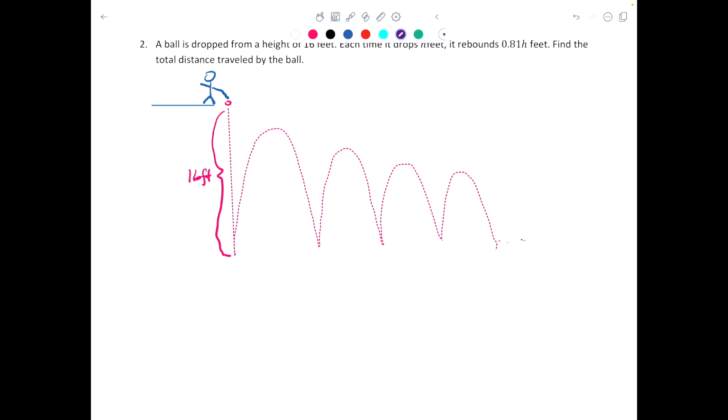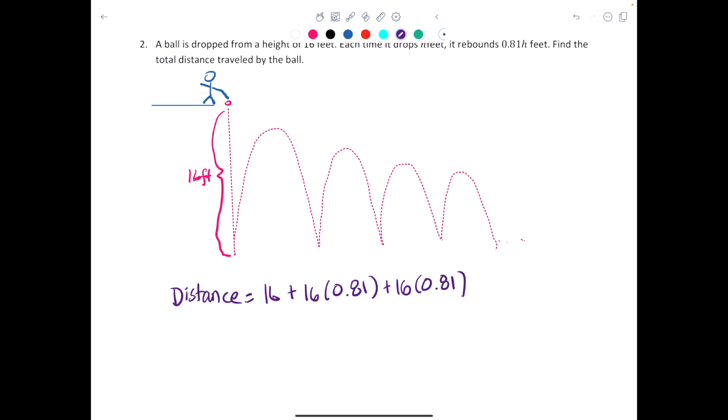So our distance will be equal to 16 as it drops down the first time. And then it travels up 16 times 0.81. And then it goes down 16 times 0.81. You see that?